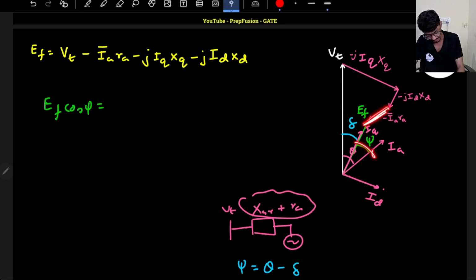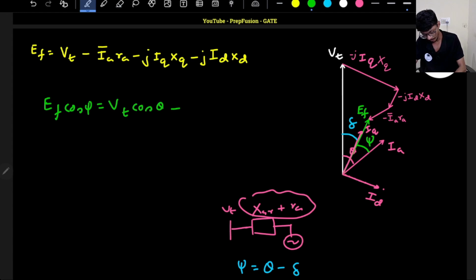So minus IRA will be there, and before that Vt cos theta also will be there in this direction. I'm directly doing it, I'm not explaining it. Vt cos theta minus IRA will be there, right? Because it is along the same direction, just opposite, that's why minus.